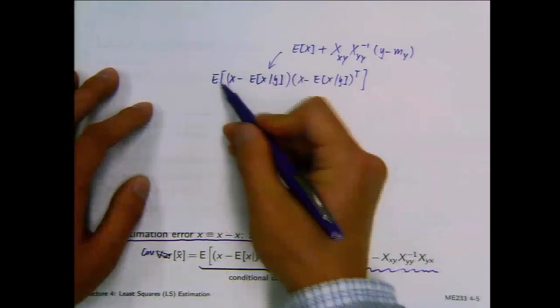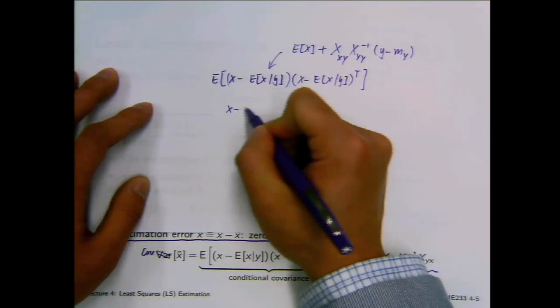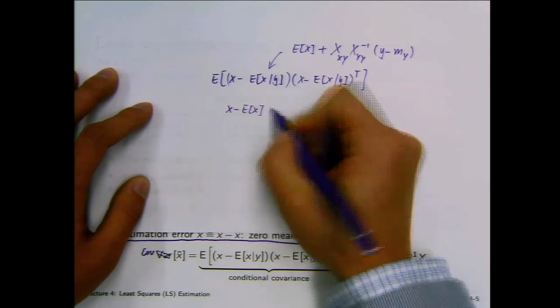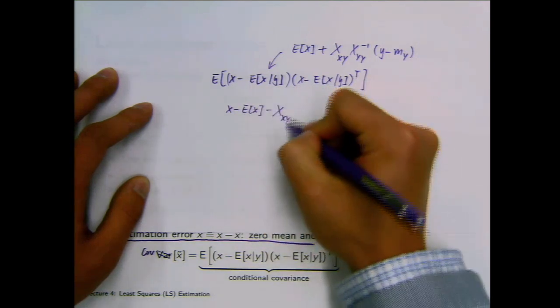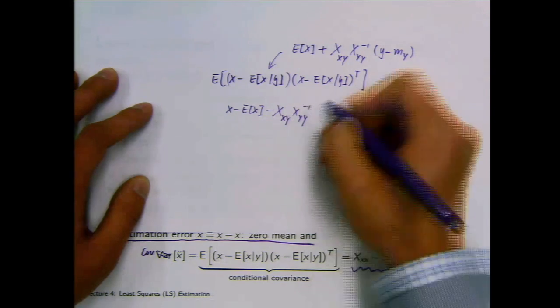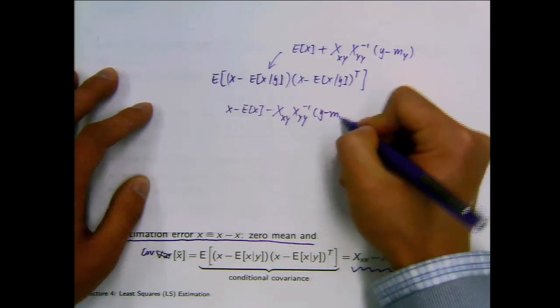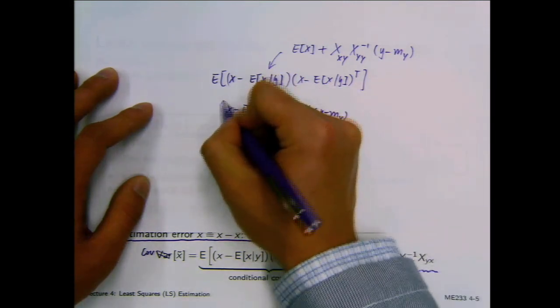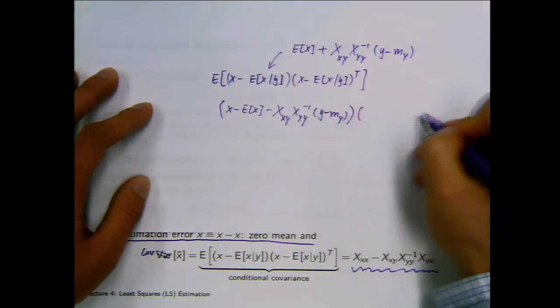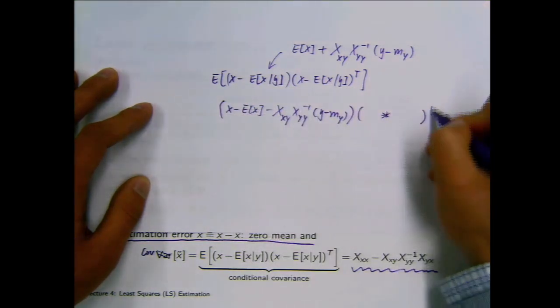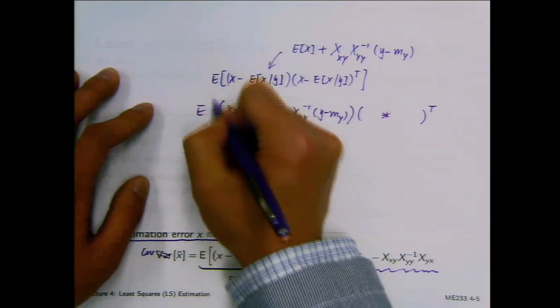Just plug this inside. I'm going to get x minus the expectation of x, minus Σxy Σyy inverse times (y minus the expectation of y). Then its own transpose.